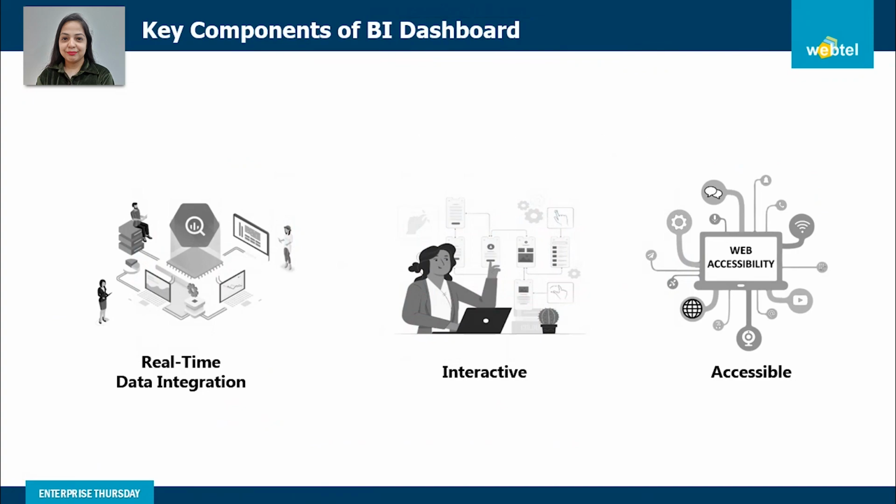Users can interact with the dashboard, exploring different aspects of the data, drilling down into the details and customizing views according to their preferences. Accessibility means these types of dashboards are designed to be accessible across devices, allowing stakeholders to view critical information on their desktops, laptops, tablets, or mobile phones.